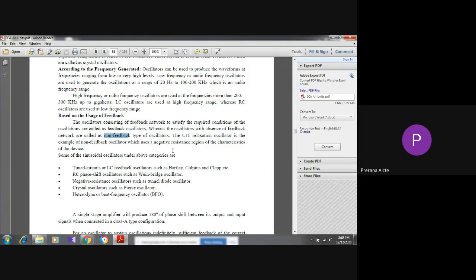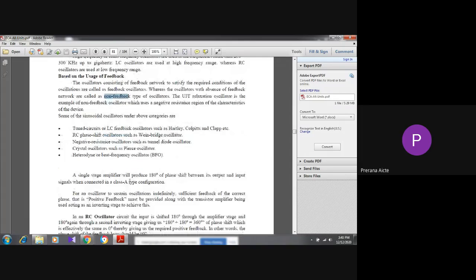UJT means unijunction transistor. It exhibits negative resistance character. Some of these fall under the above categories. For non-sinusoidal oscillators, these are the examples: tuned circuit, LC circuit, RC phase shift, crystal, heterodyne. These are some examples of oscillators.